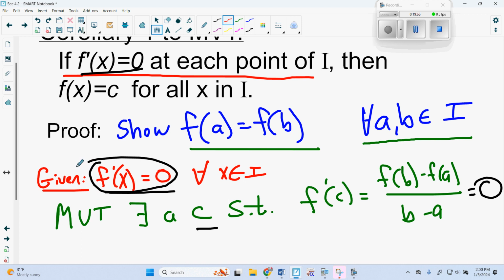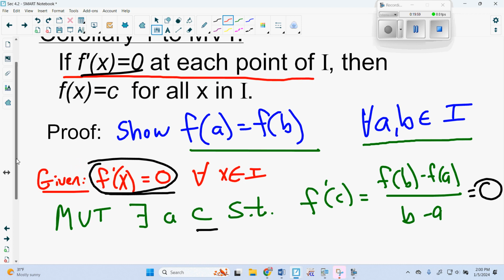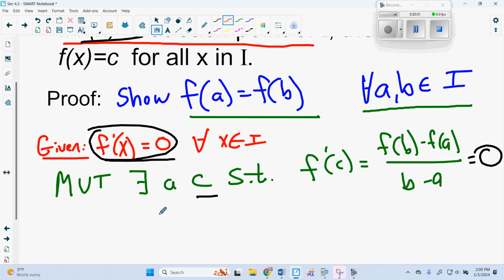And now, if we have a fraction that equals 0, we have said numerous times, that only works when the numerator or the top of the fraction equals 0.